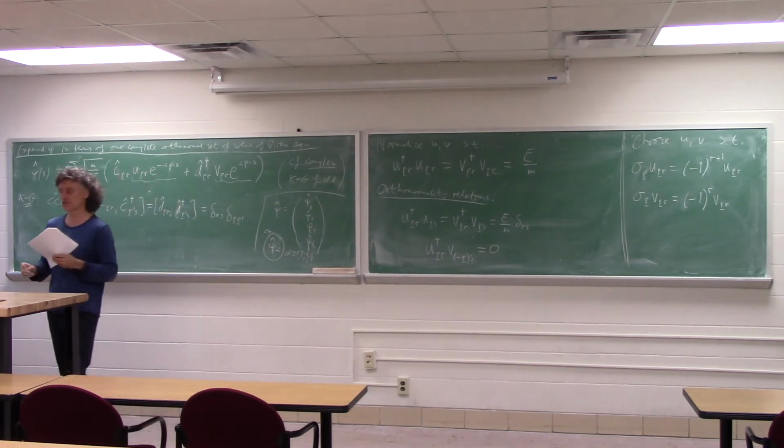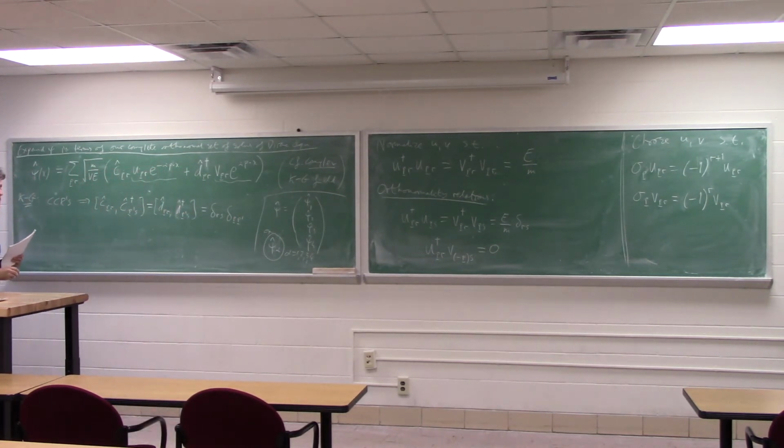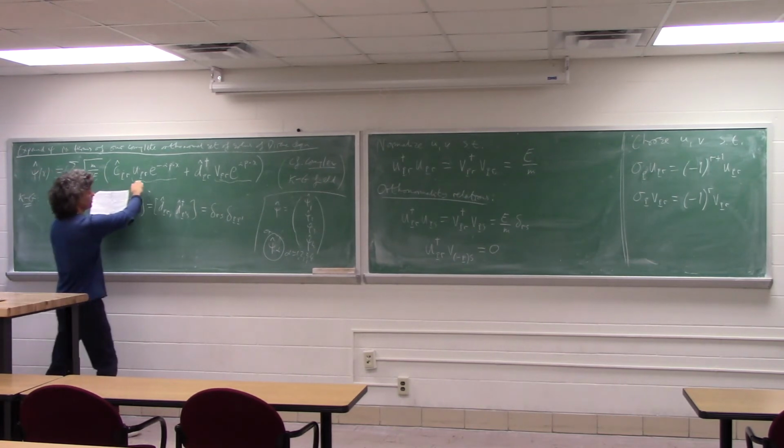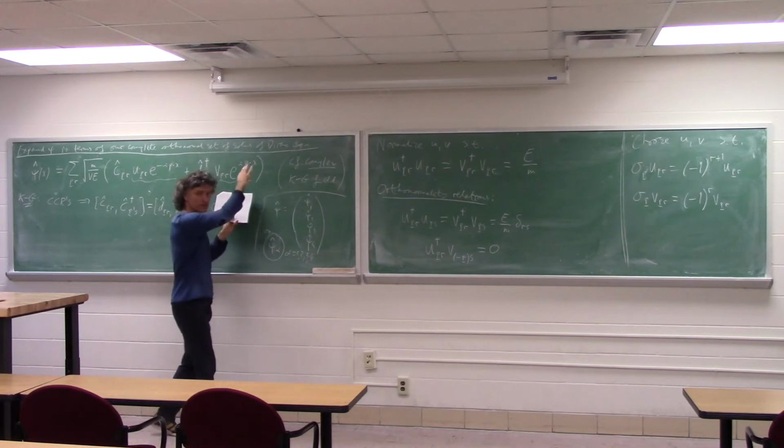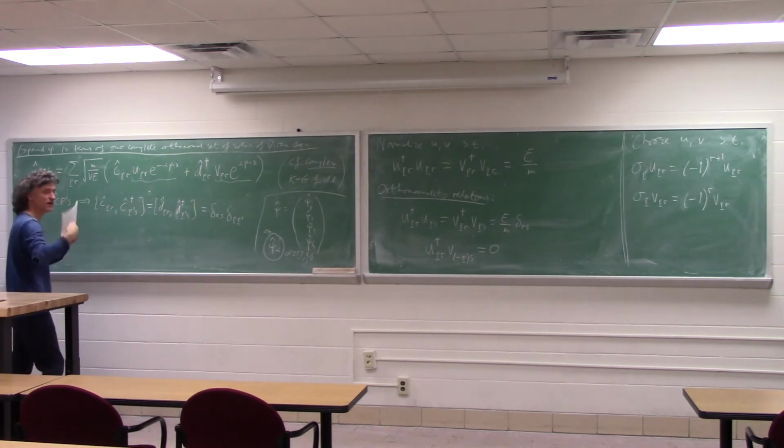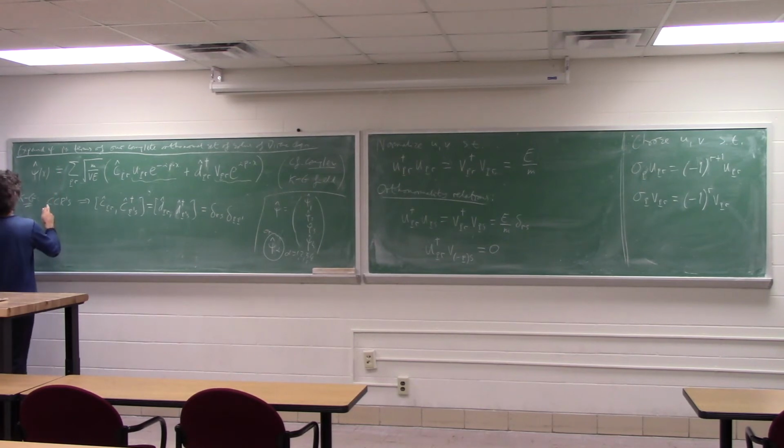In other words, I said that so far it looks like the complex Klein-Gordon field, except we have 4 components. If we then continue as if it was like the complex Klein-Gordon field, we would take the canonical commutation relations at equal time, which look like this for the alpha component.